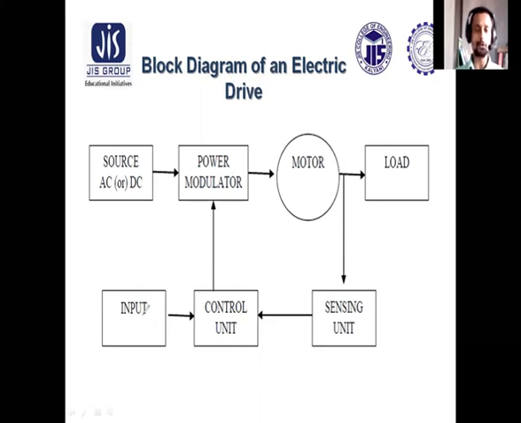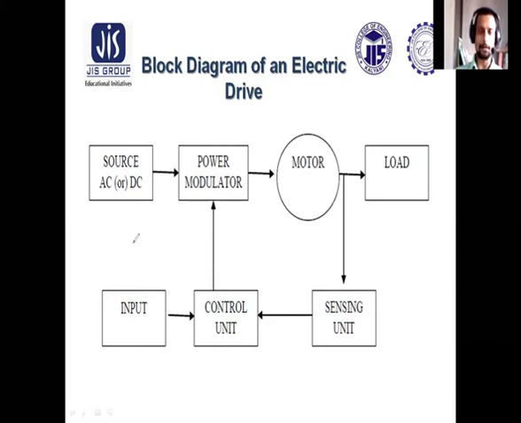This command signal will tell the control unit that we need this desired response. So depending on the input provided by the input block, the control unit will start its work.